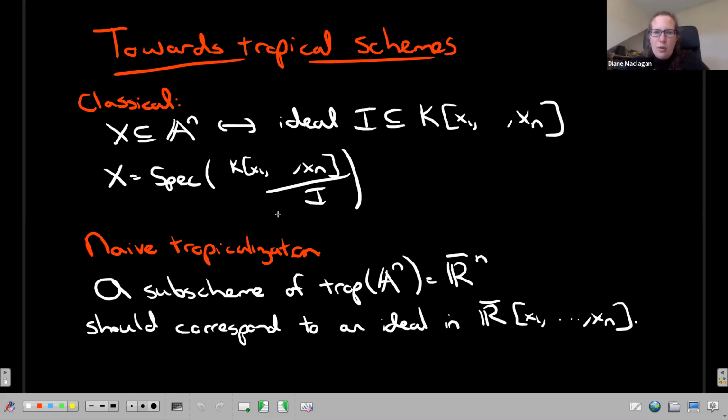So it's really commutative algebra. That means we're really going to think about ideals in the polynomial ring. So a subscheme of affine space corresponds to an ideal in a polynomial ring. So people who know some algebraic geometry will know that means I'm saying X is the Spec of the quotient of the polynomial ring by the ideal.